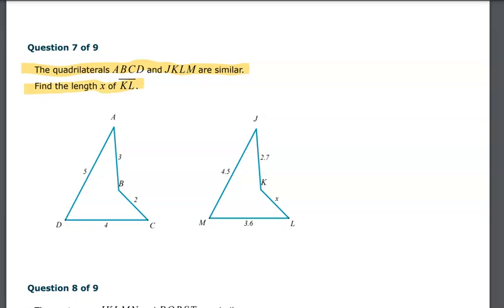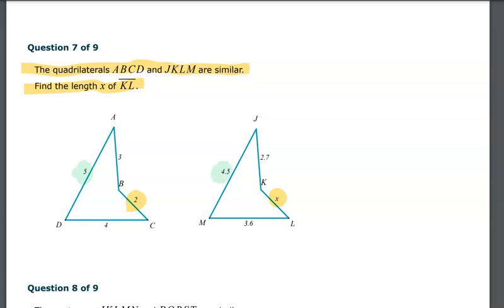Now, it's worded a little differently, but the rules still apply. I'm going to find my missing side, that's x. On the very next shape, I'm going to find that same side, and that just happens to be 2. Then I'm again going to pick two different sides. It doesn't matter which side, and I'll just pick 5 and 4.5.